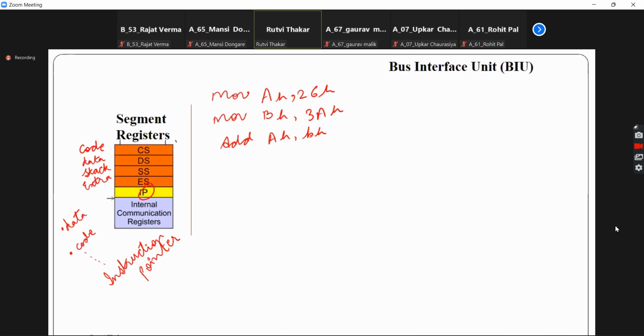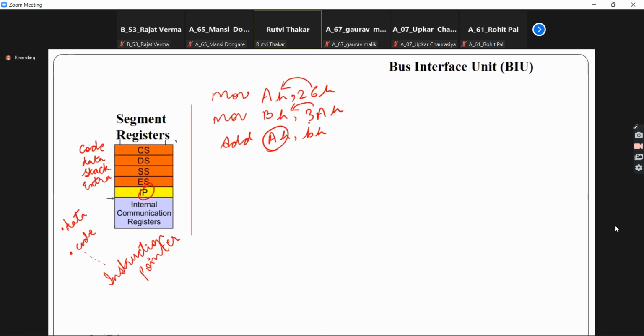This way I will write down the instructions. Now I am moving the data from source to destination. Outside is the source, inside is the destination. This is just an example, not the actual coding. I'll show you how the actual coding is done. So addition of AH and BH, the answer has to be stored in AH.